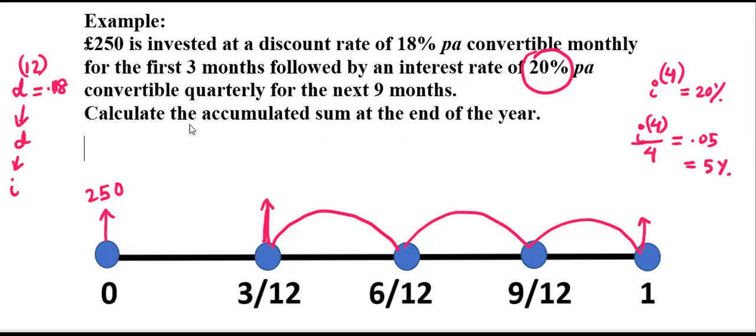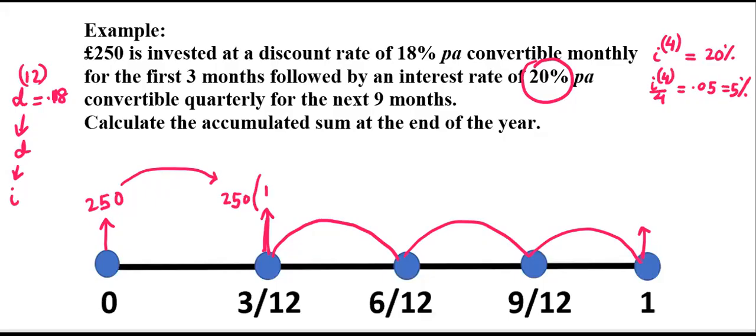Then, even if you want, you can find i12 by 12. Then you can take this one here. If you don't want to go through all these, I can write this way: 250 times 1 minus d12 divided by 12.